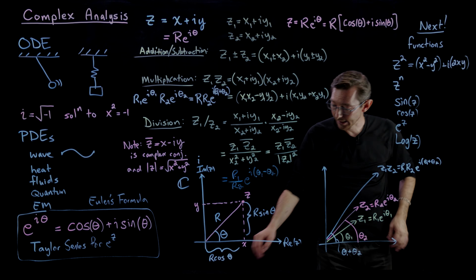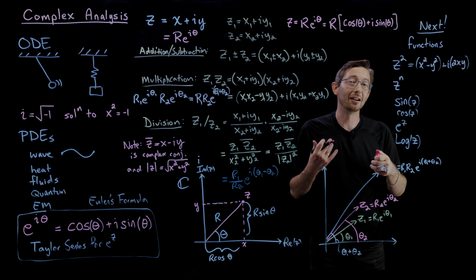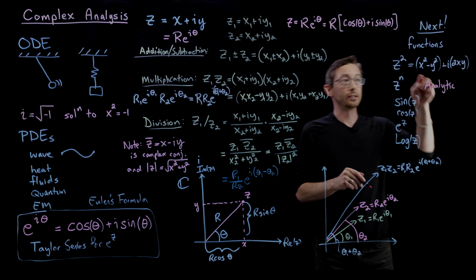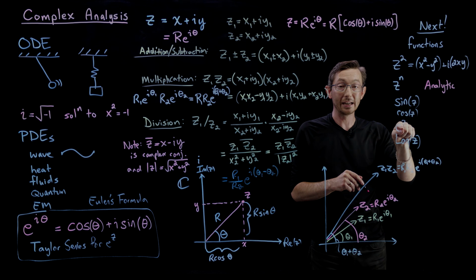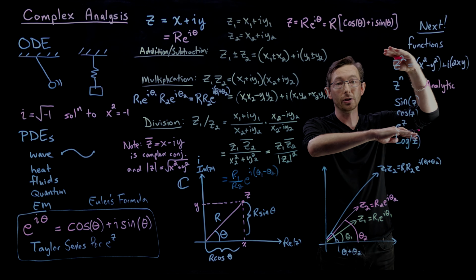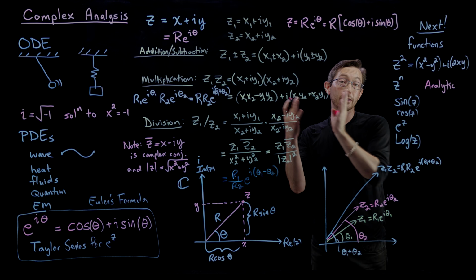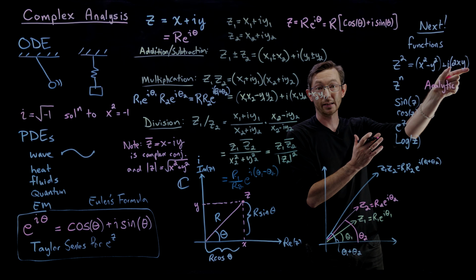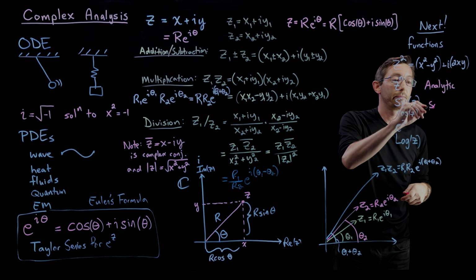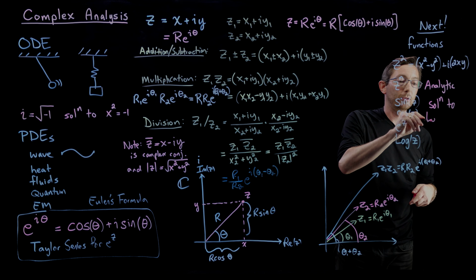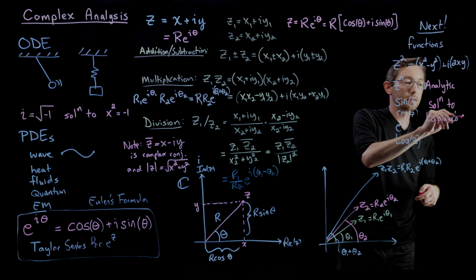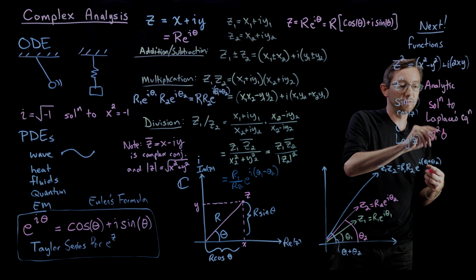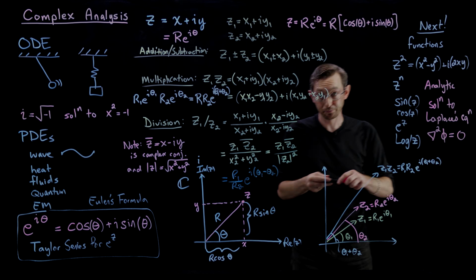And what we're going to find is that there is a huge class of what are called analytic functions, like z squared or z to the n or e to the z, sines and cosines. These are analytic functions. And what that means is that the real part and the imaginary part, this function of x and y and this function of x and y, are solutions to Laplace's equation, del squared of, let's say, the real function phi equals 0.